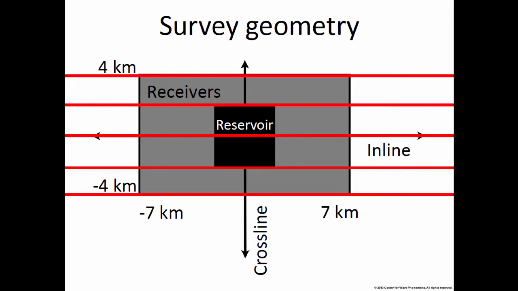There's 5 parallel tow lines that are centered over the reservoir, which is shown here as the black square. In each of these tow lines, there's 100 source locations. But unlike a typical CSEM survey, we have sampling points within a 3D volume from the top of the water layer down to 4 kilometers depth. And the coverage of them in the map view is shown here as the gray rectangle. And we do that so that we can see the changes in the field at depth.